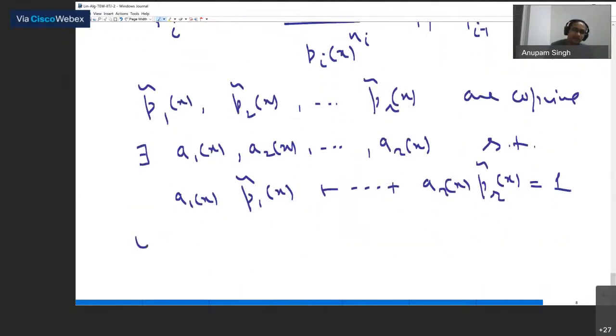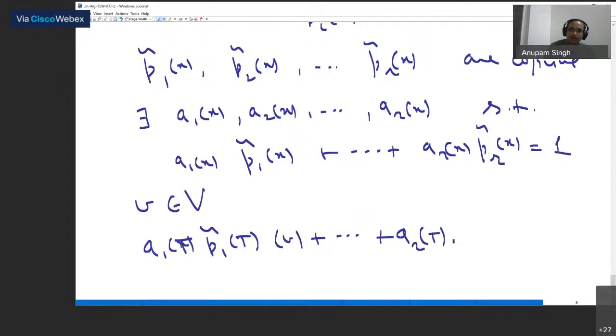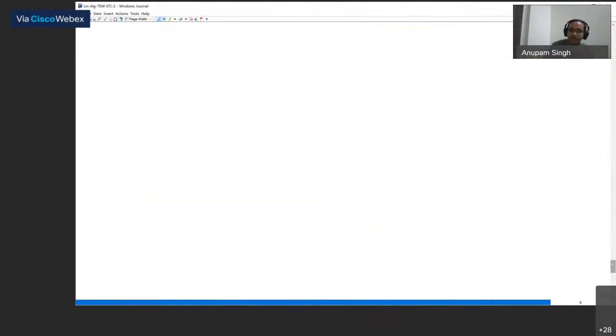So suppose I take a vector v in V. Now I substitute T here and apply v on that. So I write down the equation a1(T) P1 tilde(T) plus and so on, plus ar(T) Pr tilde(T), and apply vector v, equal to v, because this side is the identity matrix. I'll substitute that.